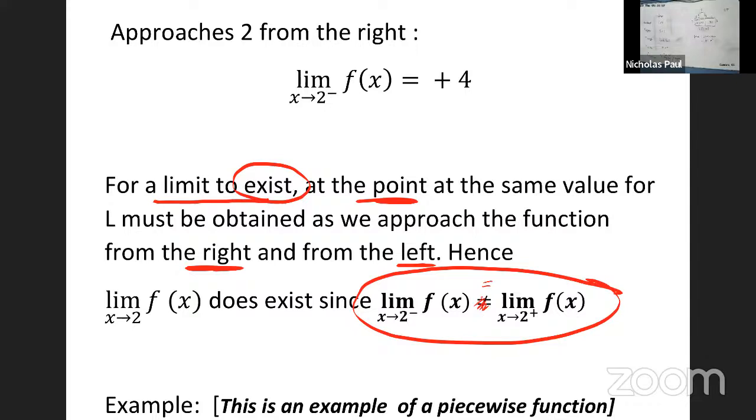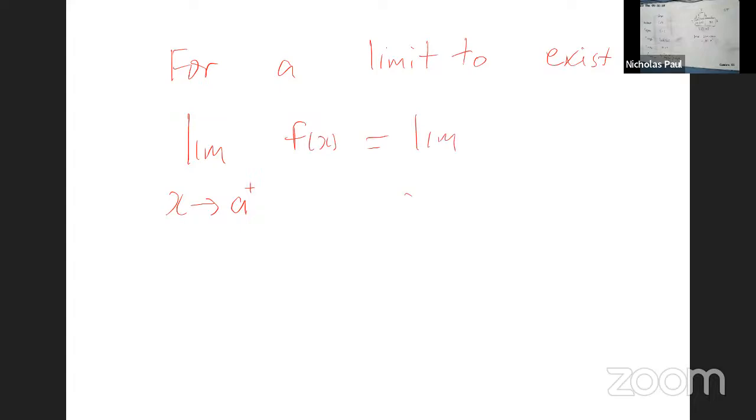Okay, so make a note of this, please. For a limit to exist, the limit as x approaches a from the right has to be equal to the limit as x approaches a from the left.